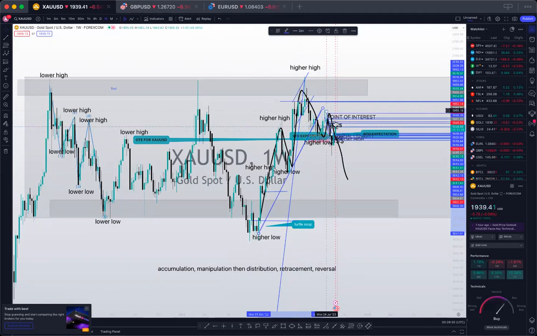So it's not as if the SMC concept is going against price action. They work together hand in hand, guys. They work together hand in hand. But maybe the mentor that teaches you says otherwise. No, they don't go against each other. You have to use your price action so that you actually know what you are doing in your SMC. You understand?